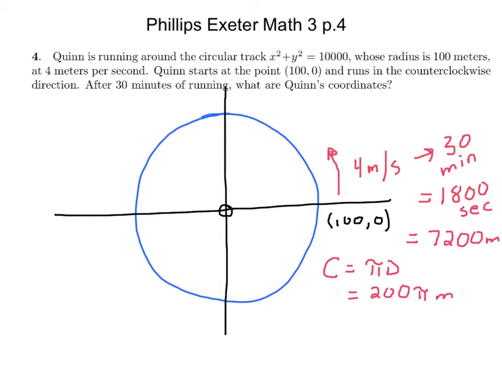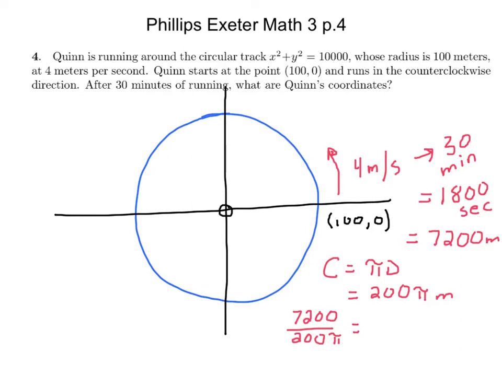Okay, so now I have the circumference, so what's the next idea here? We have how far Quinn ran, and we have the circumference of the circle. Divide, and why would you divide it? Yeah, how many times they ran around the track. So this is going to give us how many times Quinn ran around the track.